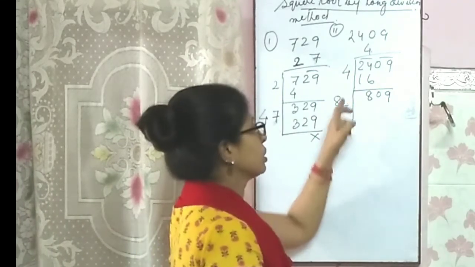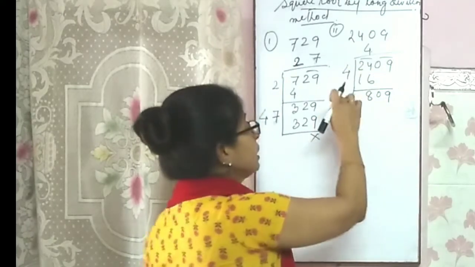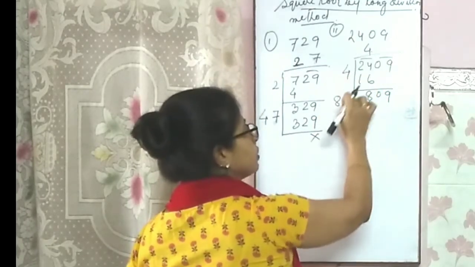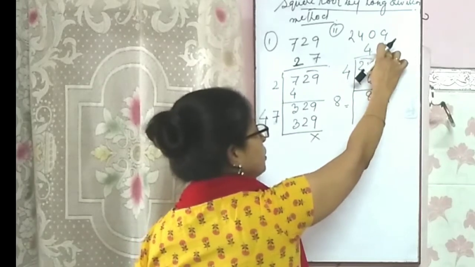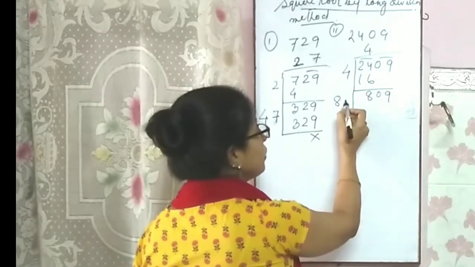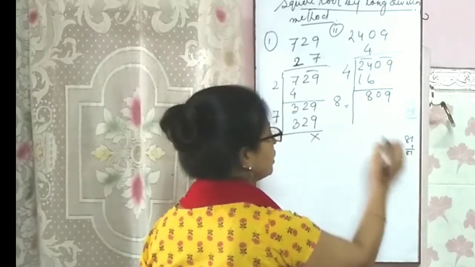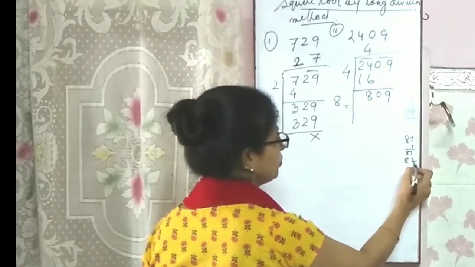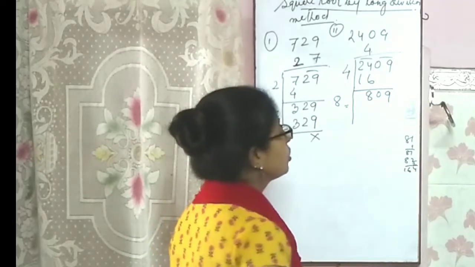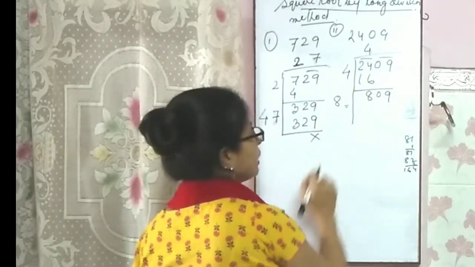Leave some space so that you can place some number. Again the same is to be done: whatever number you take here, the same number has to be taken there also. So if I take 1 here, it will be 81. If you take 2 here, this way you go on taking.